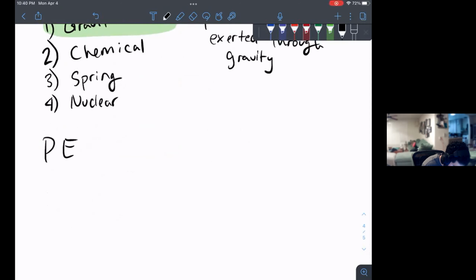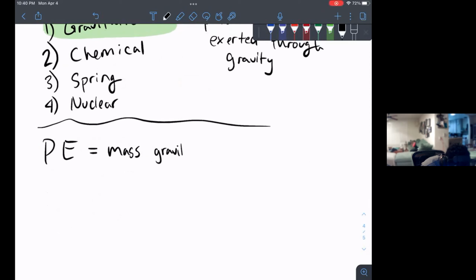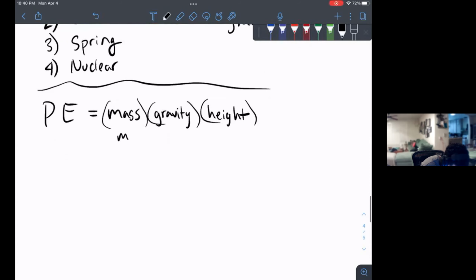Just like with KE, we had KE equals 1/2 mv squared. For PE, for potential energy, we have mass times acceleration due to gravity, so I'll just say, gravity, times the height above the surface. So we may simplify this to mgh.